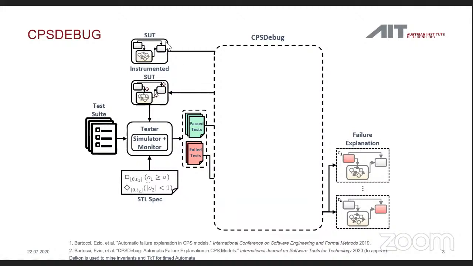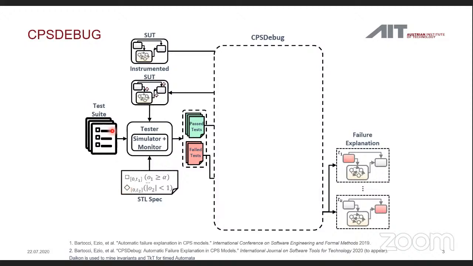We assume that we are given a system under test, a test suite, and a set of requirements written in signal temporal logic. Signal temporal logic is a requirements language that can be used to describe specifications for hybrid systems or cyber-physical systems.